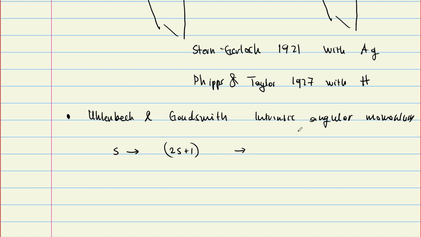And they said, okay, if the lines are splitting into 2, this 2S plus 1 should be equal to 2, right? Clear? Which gives us S is equal to 1/2. I didn't explain why it should be equal to 2.